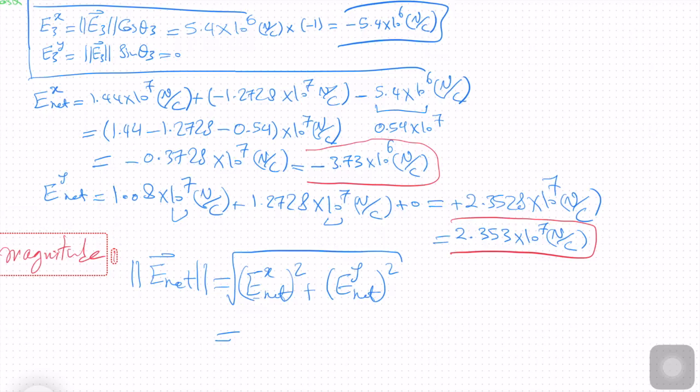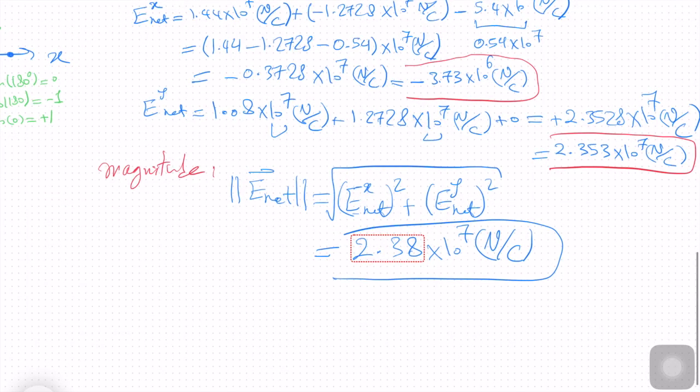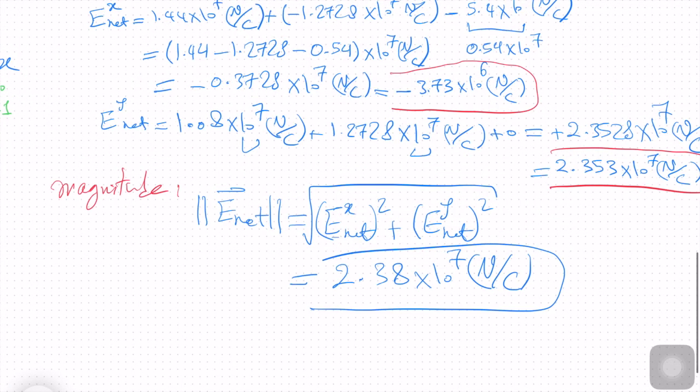So if I calculate this correctly, this will turn out to be 2.38 times 10 to 7 Newton per Coulomb. Okay? So that's if the problem asks you to express this up to 2 significant figures, basically.